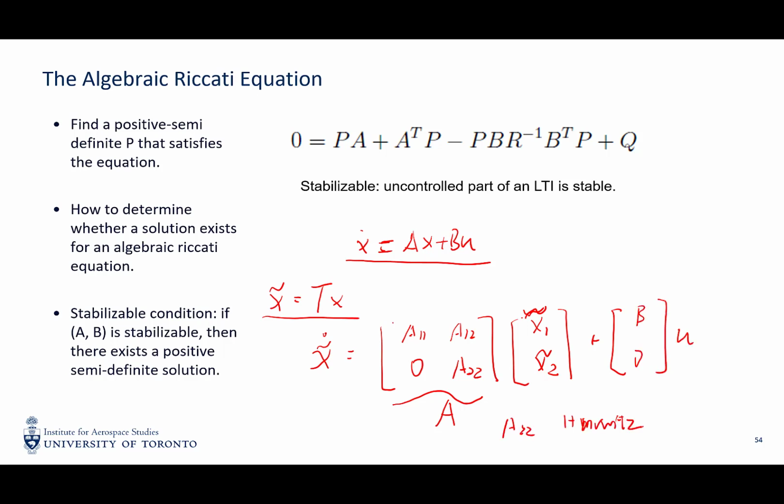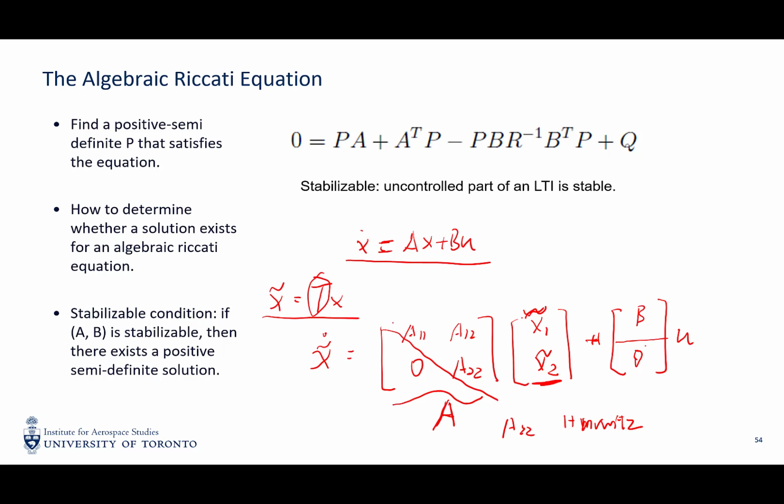So if we transform the original state to form a new control system, such that the state matrix A has this upper triangular form, and for the control matrix, all the entries corresponding to x2, the lower part of the x, are 0.